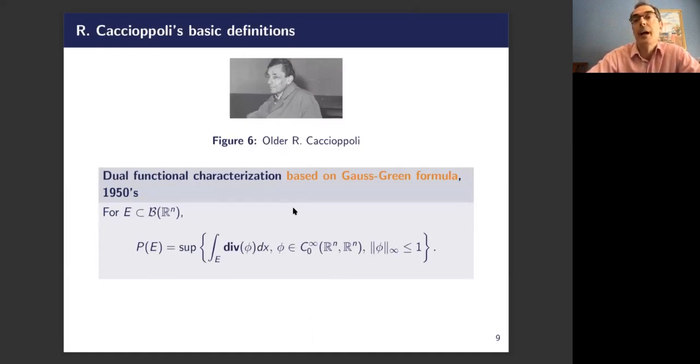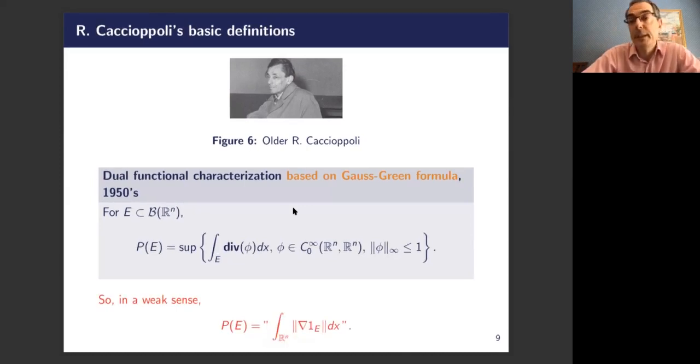Using heuristics based on the Gauss-Green formula, he realized that the perimeter of a set, as defined 30 years before, should also be the supremum of a functional, which is an integral over the set of the divergence of vector fields for which the norm of the vector field is less than 1. This definition is much more flexible for mathematicians to use and is easy to generalize to different settings.